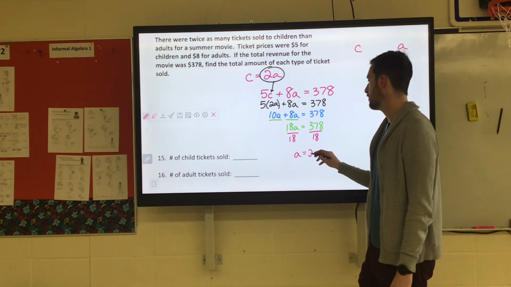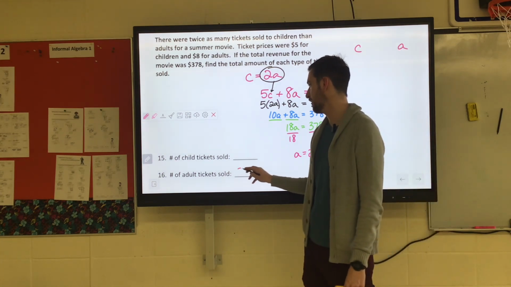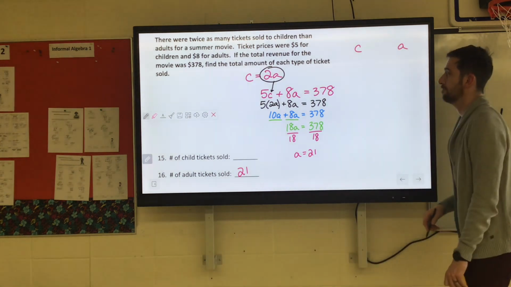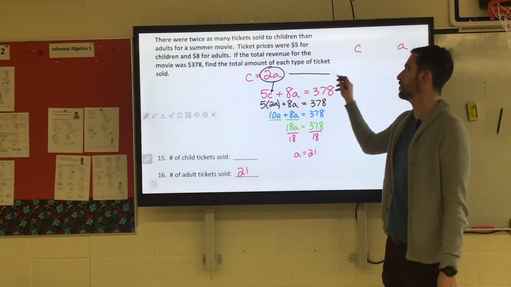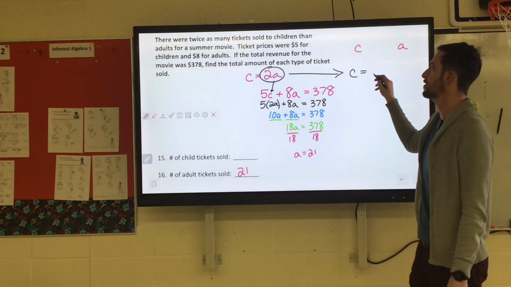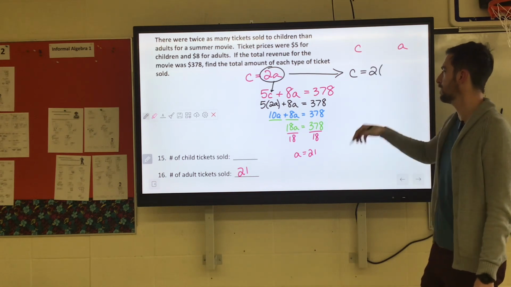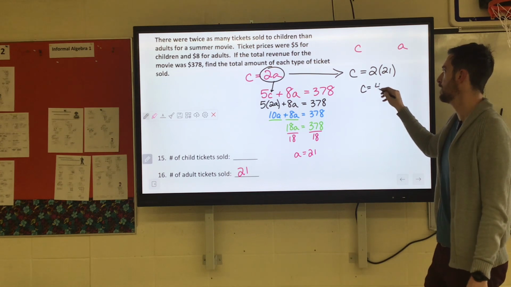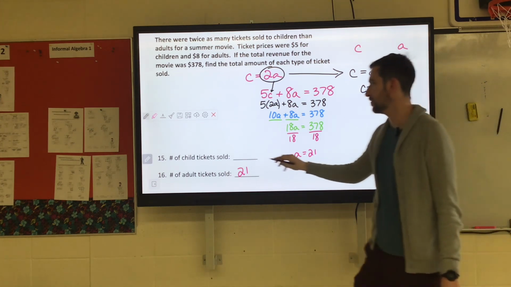So there were 21 adult tickets sold. We do need to figure out the kids though. This equation's super easy. The number of children is 2 times the number of adults, and there were 21 adults. 2 times 21, 42 kids.